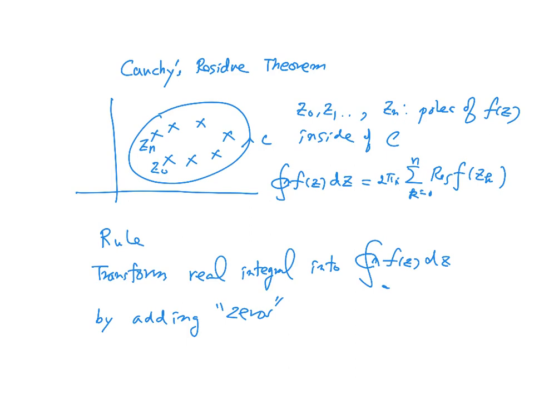Assuming that you have a very complicated integral, something like f(x) dx from a to b, you add some zeros, normally 2 zeros. One zero can be a big circle, and another zero can be a small circle.